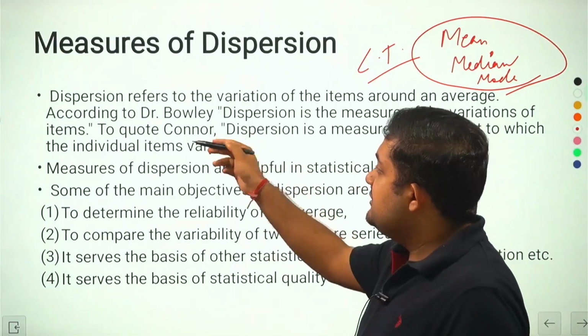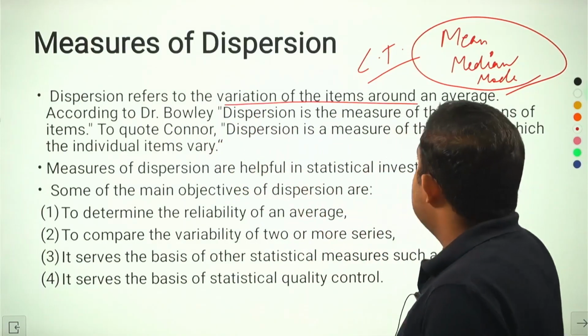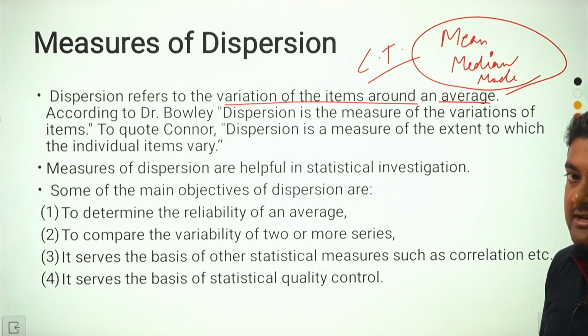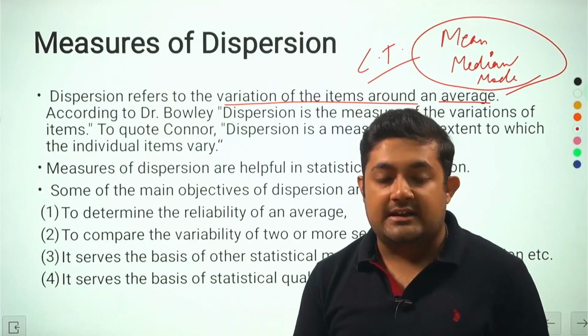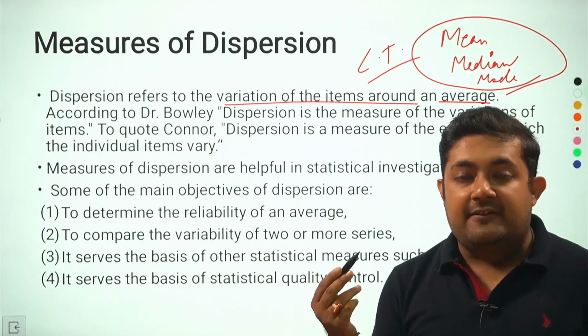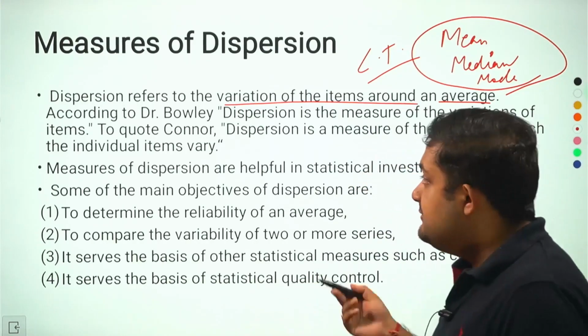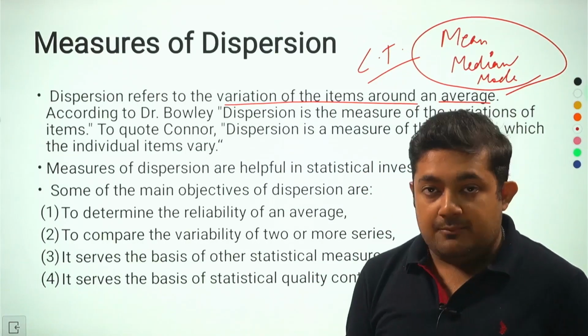Measures of dispersion refers to the variation of the items around an average. When we calculate an average with the help of mean, median or mode, after that it is important to see the dispersion around that average. Why?